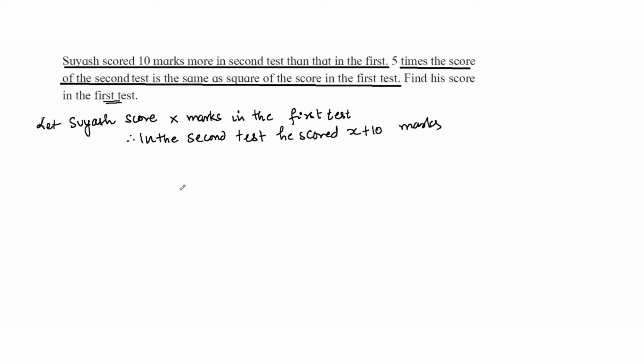Now it is given that 5 times the score of the second test. So let's write the condition in plain English. 5 times the score in the second test is the same as the square of the score in first test. So that means 5 times (X plus 10) is equal to square of the score in the first test.